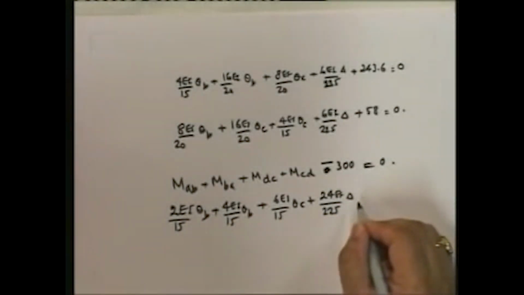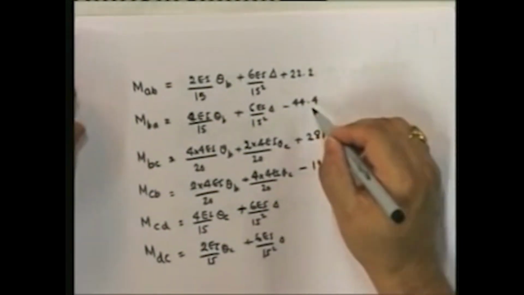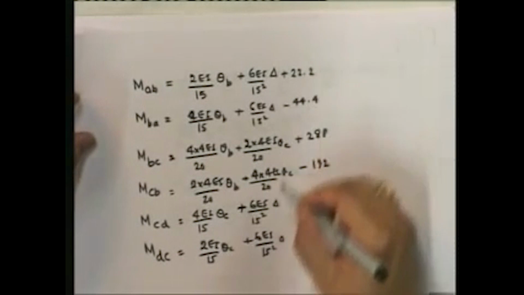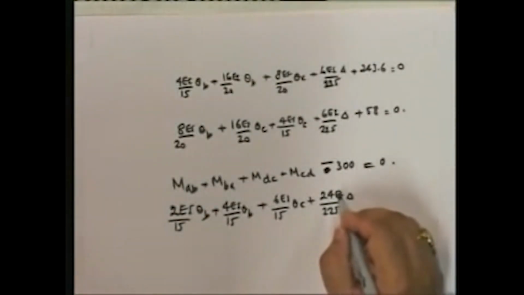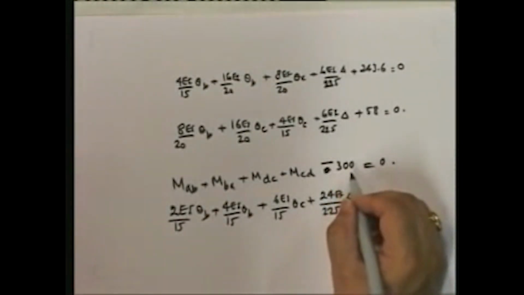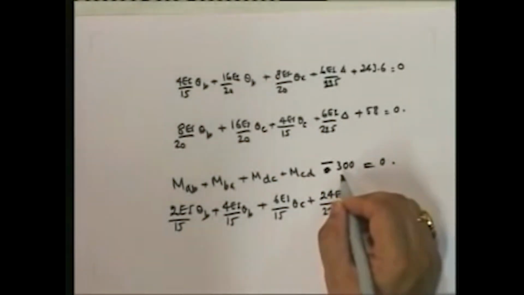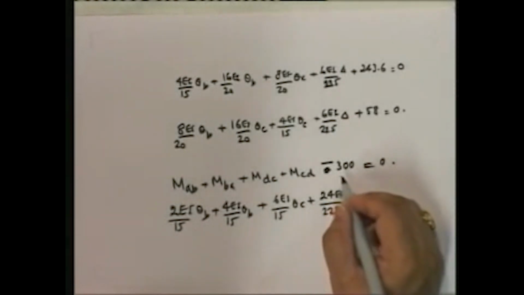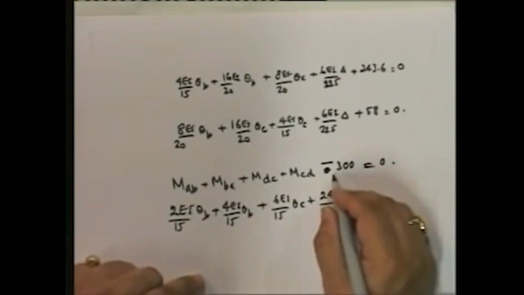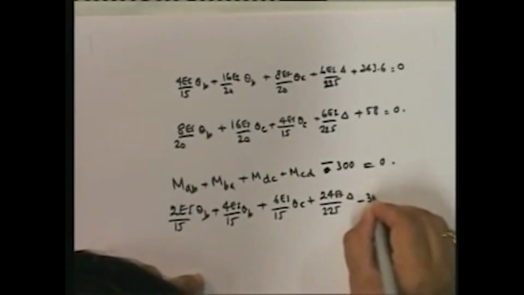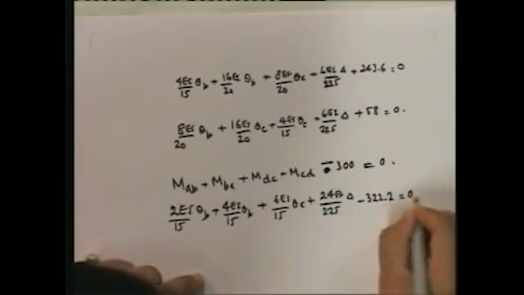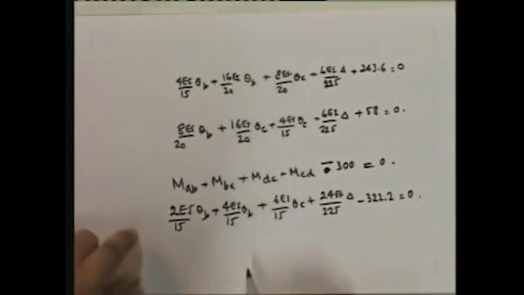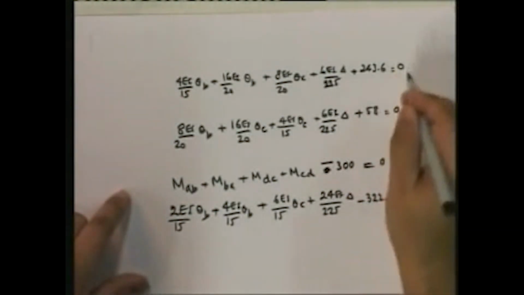Okay, and then I have 22 minus 44, that's minus 22 plus minus 300, so this is going to be equal to minus 322.2 equal to 0. Okay, so now I have three equations.